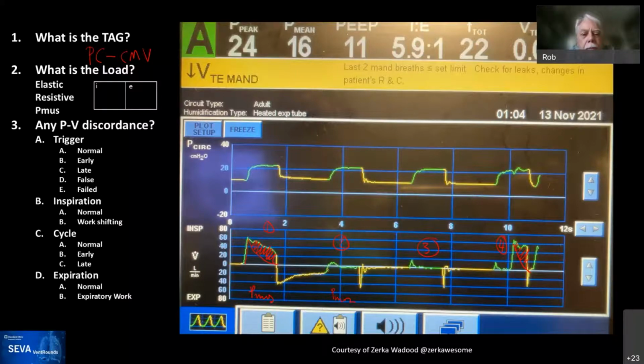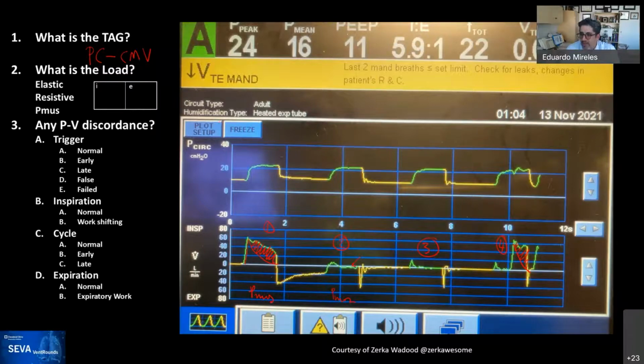Right. So the patient is trying to exhale. Actually, you can see the flow crossed below the baseline, but in general, this patient gets a very little breath, and it's again a breath in which there's essentially no air movement. So it makes me think it's behaving as if it was elastic, but it's all PMUS.